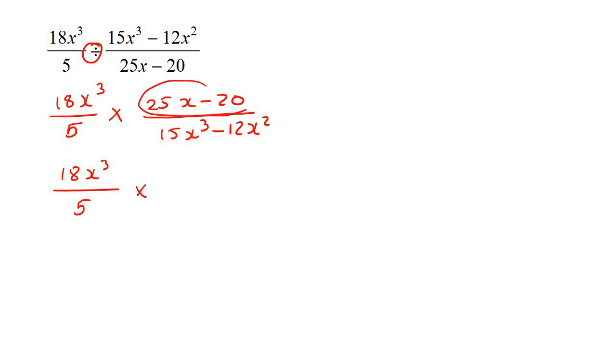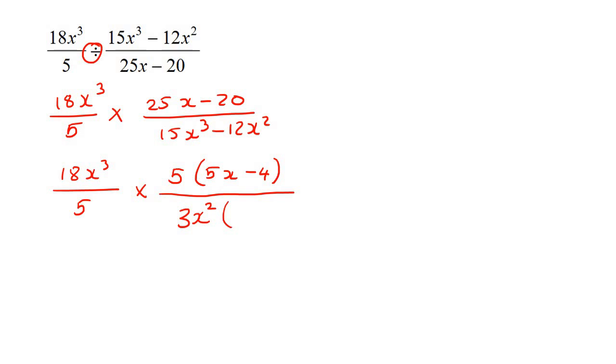You can factorize this by taking out a 5, and then you'd be left with 5x take away 4. Here you could take out the largest number there, you could take out a 3, and this one has an x cubed, this one has an x squared, so you could take out an x squared as a common factor, and then you'd be left with 5x take away 4.